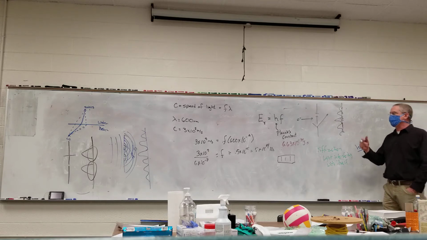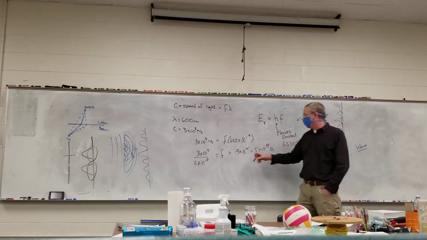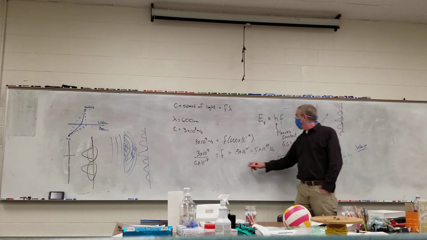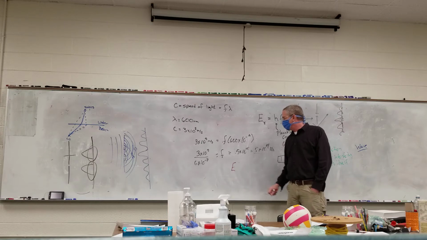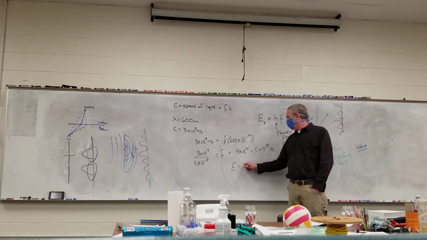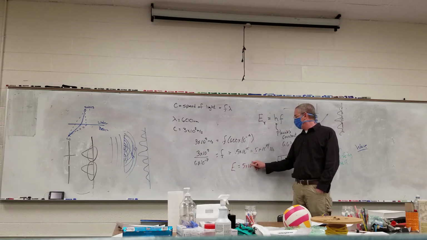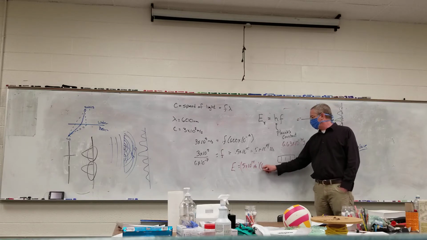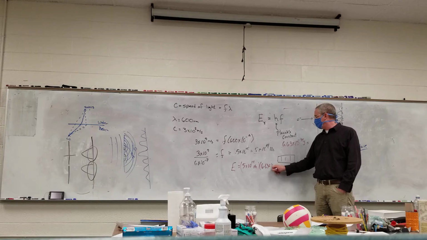So this light that we just dealt with here, with this frequency right here, let's figure out how much energy it is. The energy of one of those would be 5 times 10 to the 14th hertz times 6.63 times 10 to the negative 34th joule seconds.